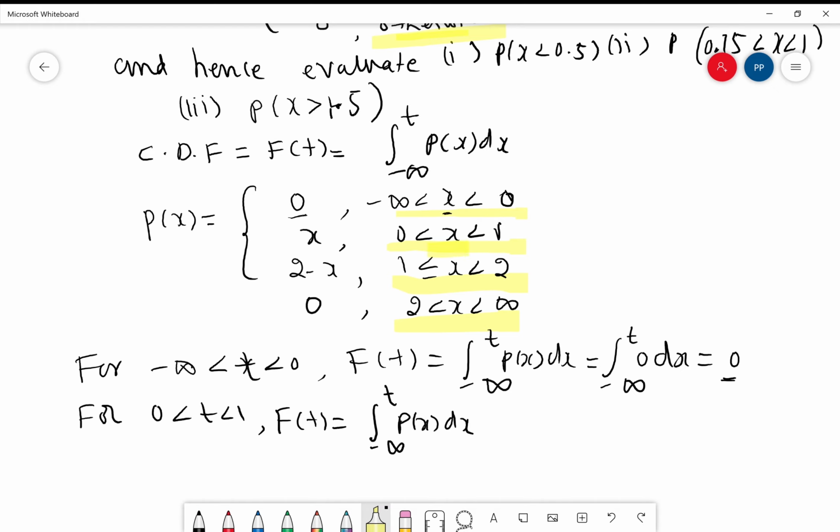Therefore, we have to start from minus infinity and split the integral as minus infinity to 0 and 0 to t. So it becomes integral minus infinity to 0 of 0 dx plus 0 to t of x dx.